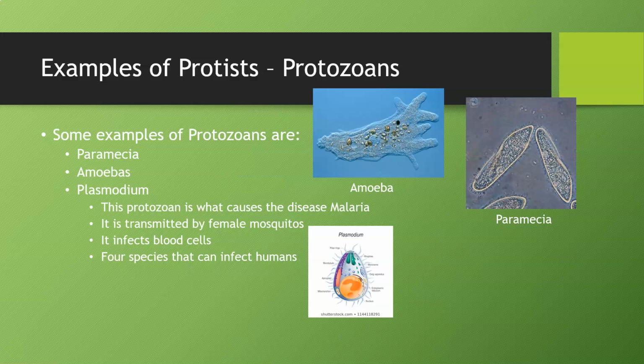The female mosquitoes will bite animals such as monkeys that are infected with this protozoan, and should that mosquito then bite a human, the human then becomes infected with the Plasmodium protozoan and will end up developing malaria.